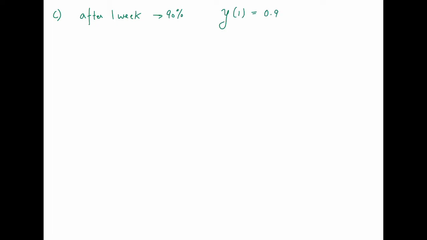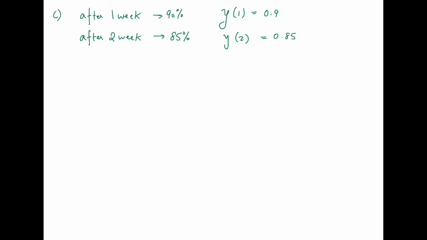Remember, we deal with fractions, so you have to be very careful. And they've also told us that after 2 weeks, they only remember 85%. So the first week they lose 10% of the information, and the second week they lose an extra 5. So we know y of 2 is 0.85.